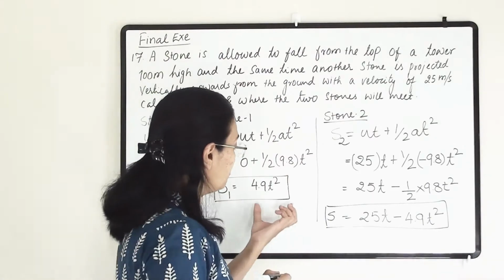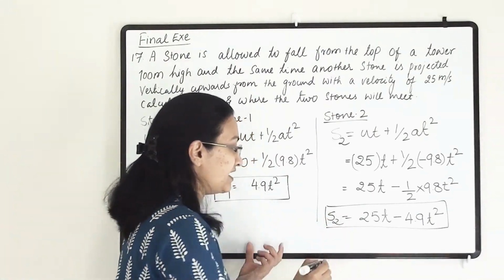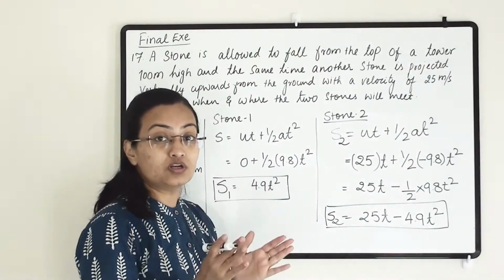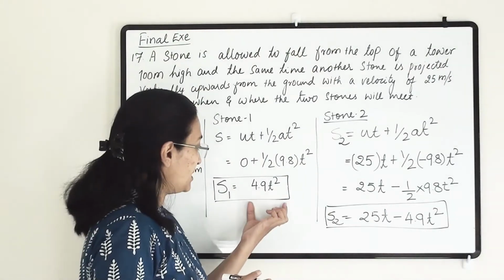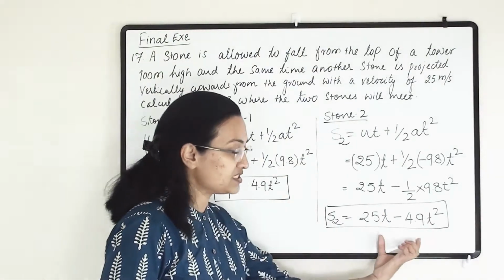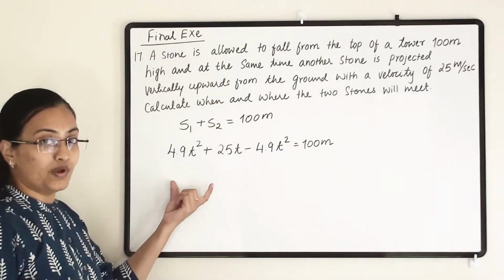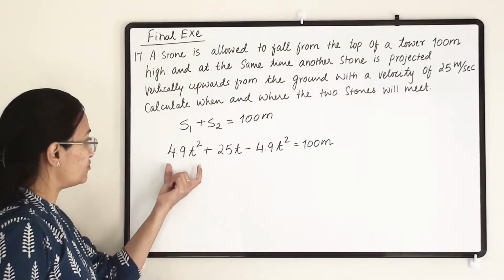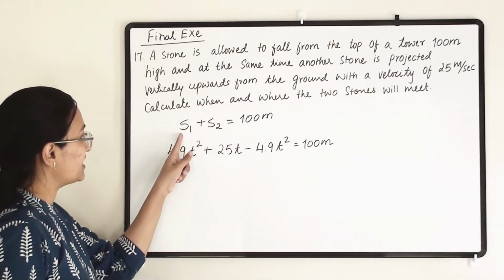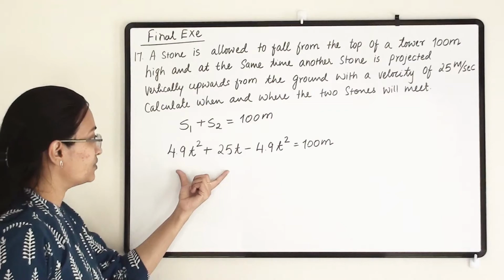Now we know that for both stones S1 and S2 the total distance is 100 meter. So we add S1 plus S2 and write equals to 100. Now when we substitute the S1 value and S2 value in S1 plus S2 equals 100 meter, we get this.